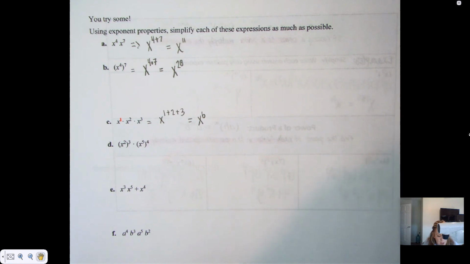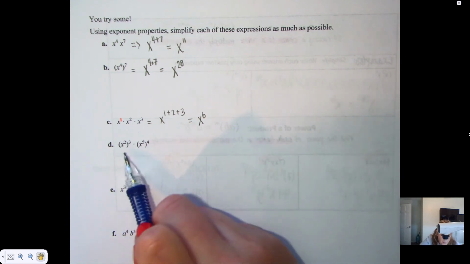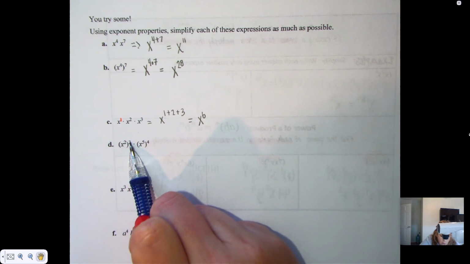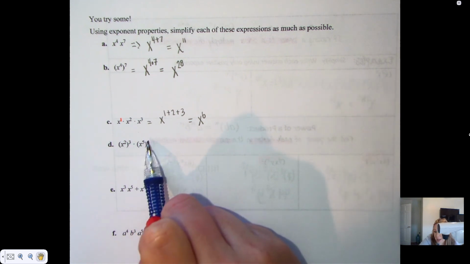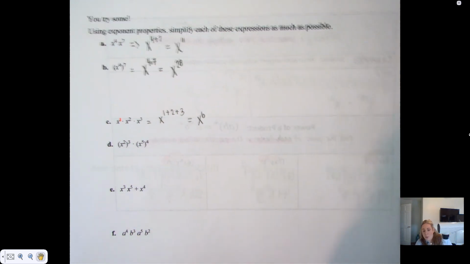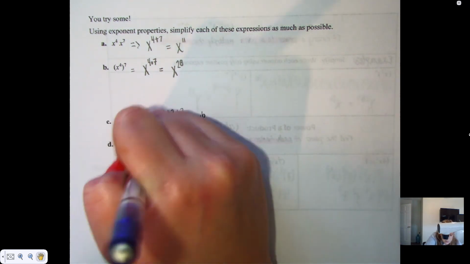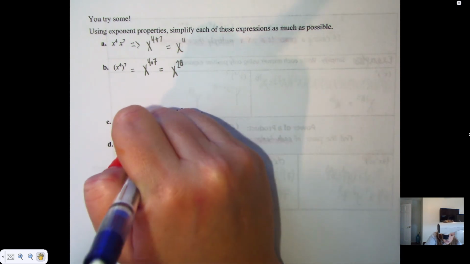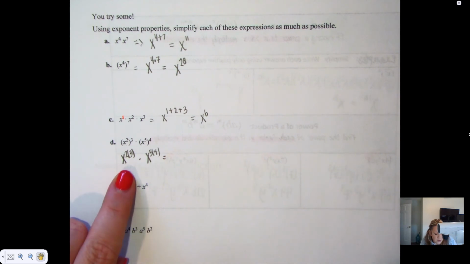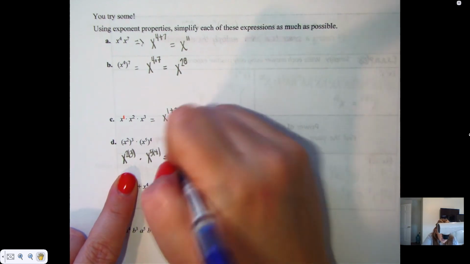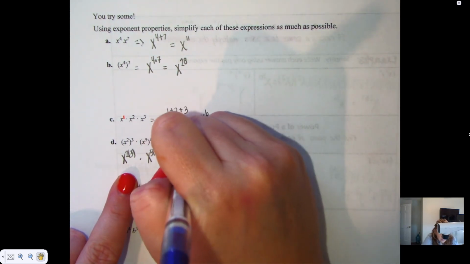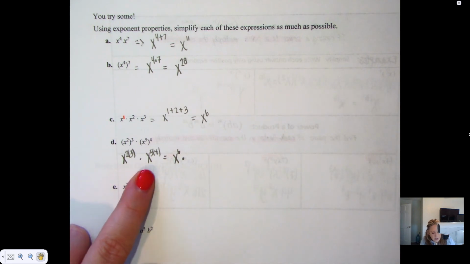This one. Oh, I have power raised to a power times a power raised to a power. So power raised to a power is multiplication, okay? So this first one is x to the 2 times 3. And the second one is x to the 5 times 4. Okay, so I'm going to get x to the 6 times, okay, x to the 20th.